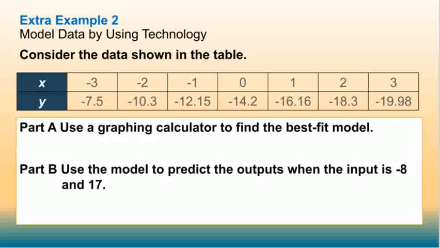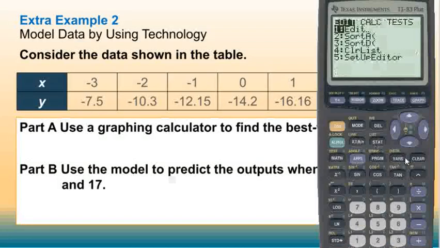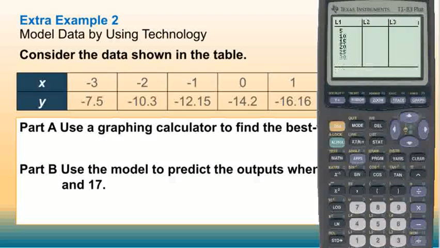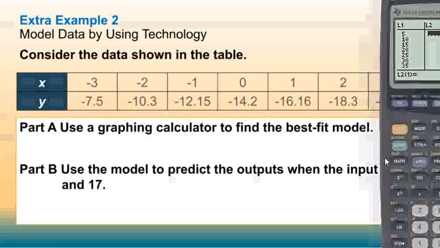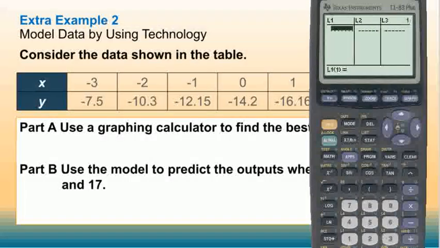Try another one here. Find the best fit model here. So we'll grab our calculator, hit our stat button, edit, clear what we have. So this goes from -3 to +3. So we got -3, -2, -1, 0, 1, 2, and 3.